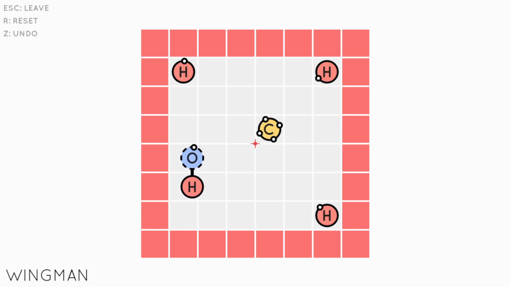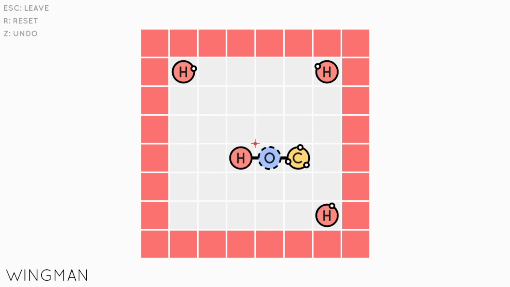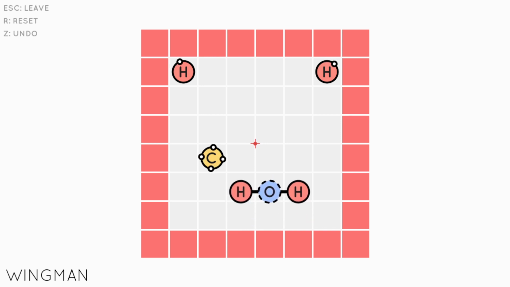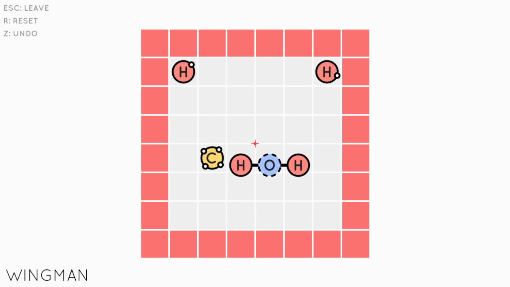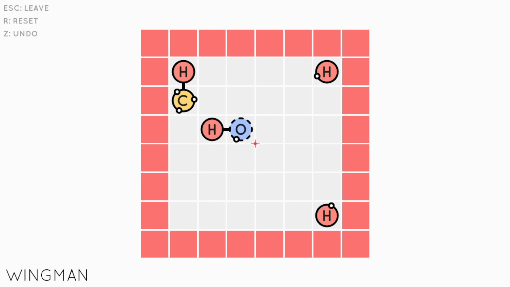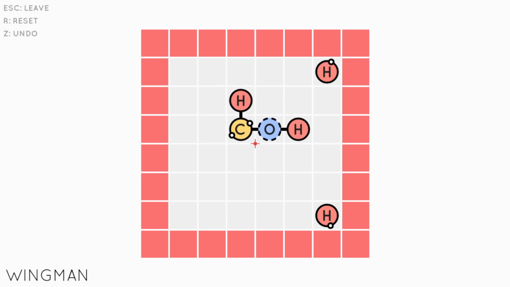So maybe I want to grab all of them and move them in like this. I can push the carbon around now with the extra hydrogen that I have. I can even do this and then use this as a block. But it's not really required at this moment, right? I can do this and it's almost stuck until I unbond and then rebond like that. And I can just repeat that for all of those.